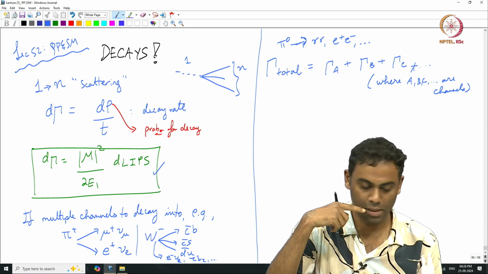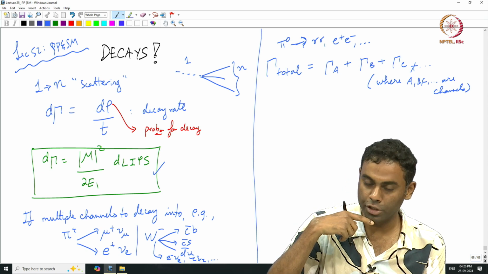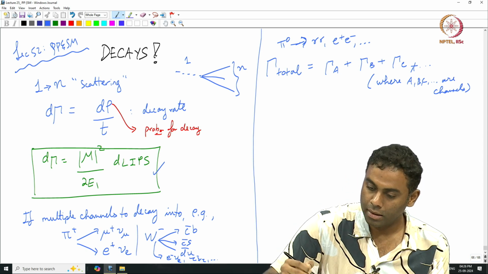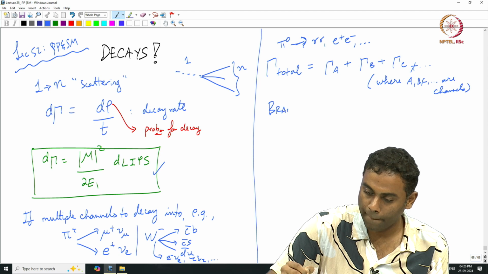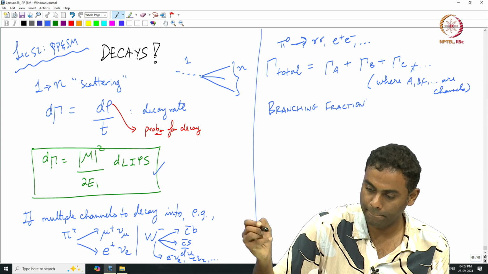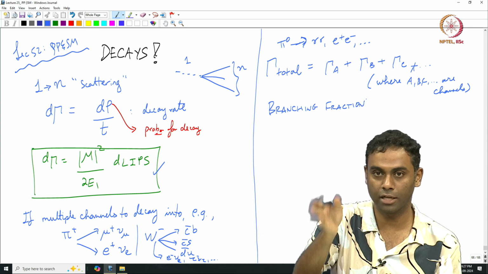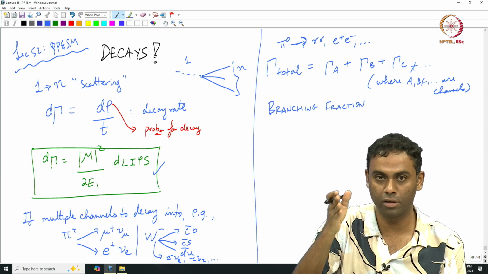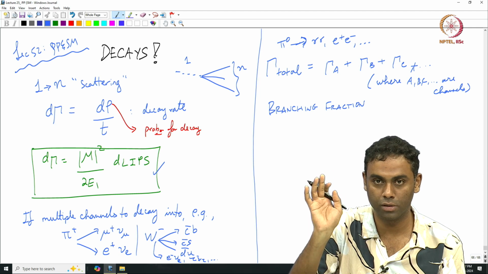So this gives us a notion of the branching fraction. Why branching fraction? You can think of each channel as a branch that is available for the initial state to decay to.